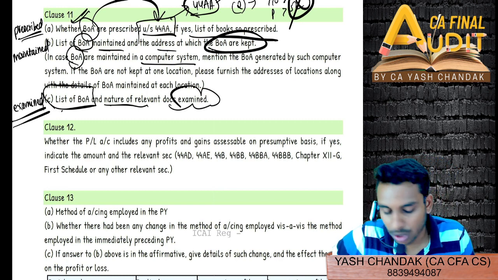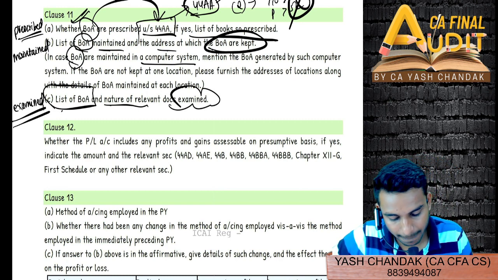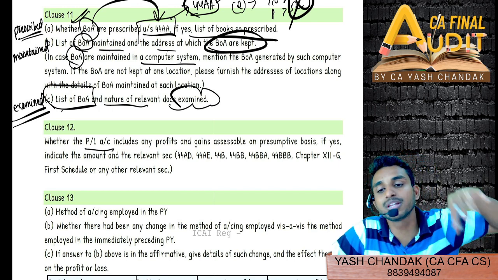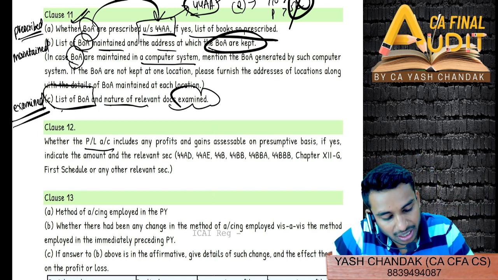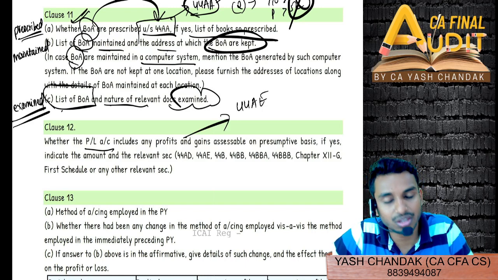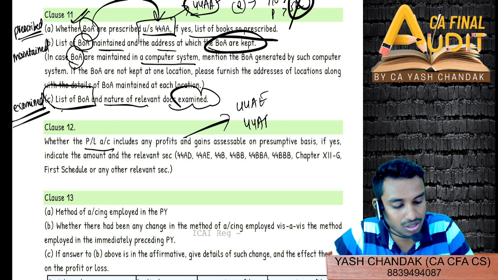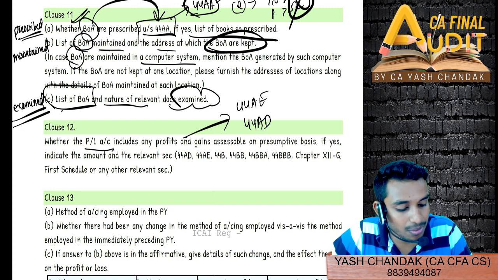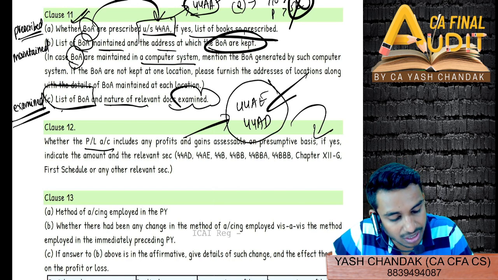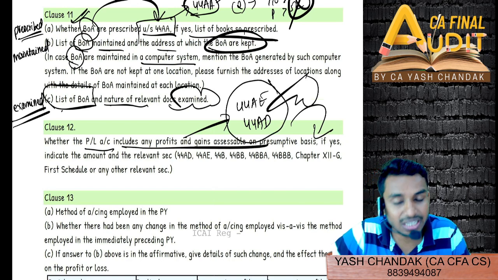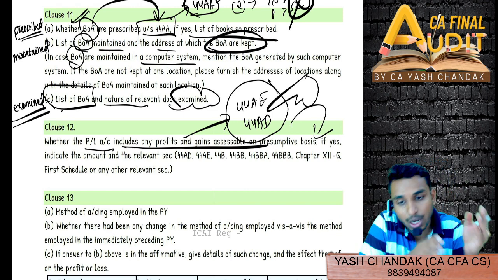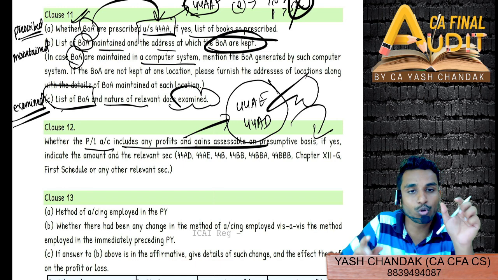Now come back directly to clause 12. It says, if your profit and loss account includes any income from presumptive business also. Like in the morning we took the example of a 44AE business. We also had a 44AD business. And apart from that, we have some other business for which we are doing our audit. If you are opting for these presumptive incomes, then you have to specify that in our profit and loss account, the incomes from these presumptive sections are also included, and you have to quantify this.